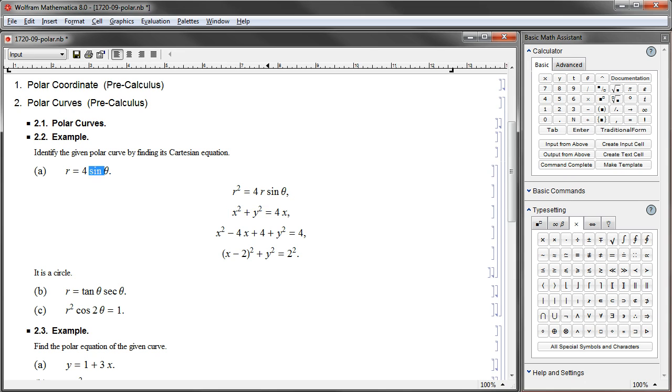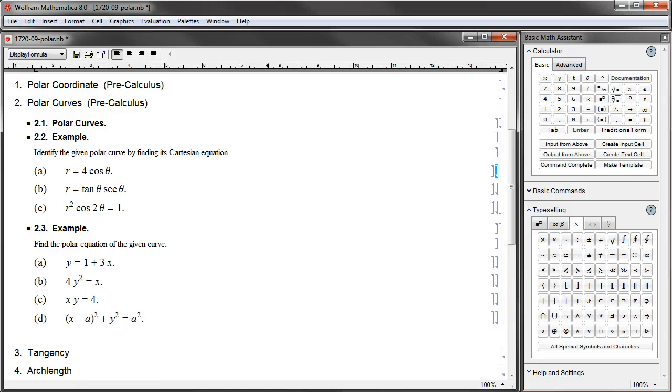Okay, let's correct the problem. Sorry about that. I kind of got confused with sine and cosine. So r cosine of theta is x, so we have 4x. So if I move 4x to the other side and complete the square, we end up with a circle.